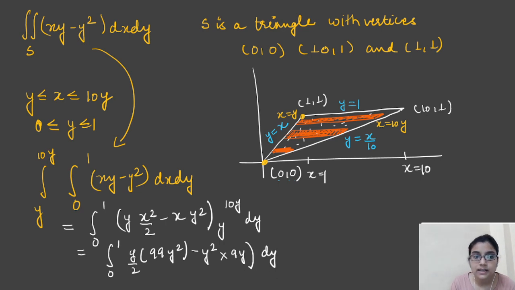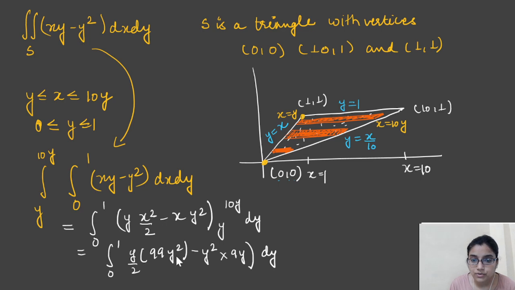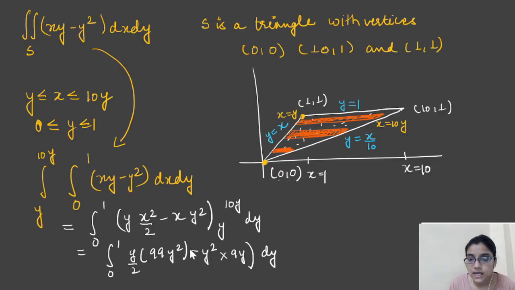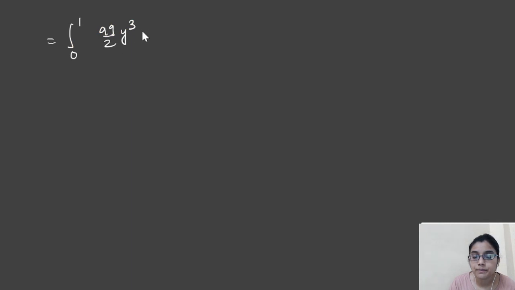So let me just solve it in the next slide. This is 0 to 1, then it came out to be 99 by 2 y cube minus 9 y cube, dy.